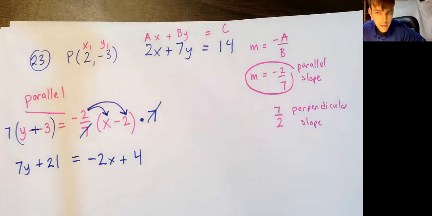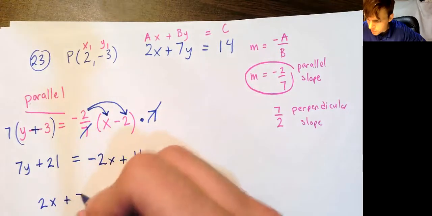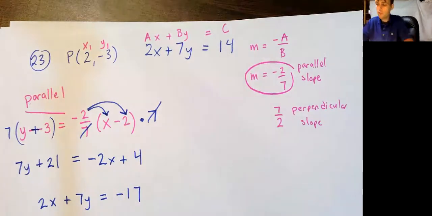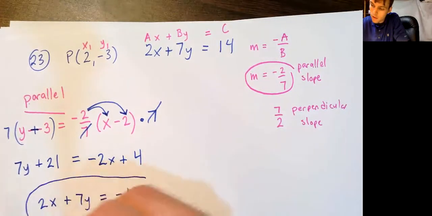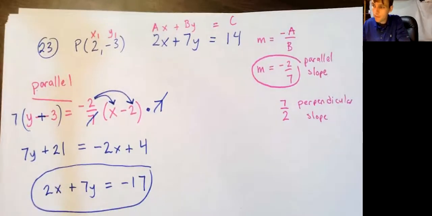And with a little rearranging, I end up in standard form, so 2x plus 7y equals -17. So that's our parallel in standard form.